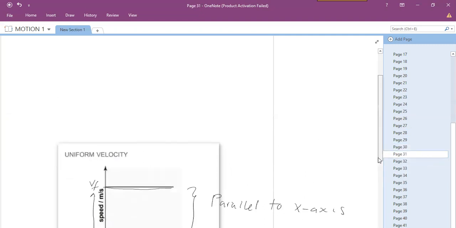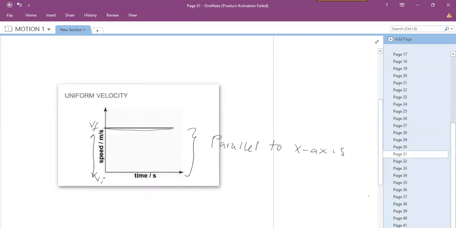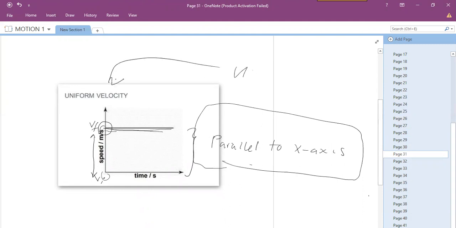But here there is a value, an initial velocity and a final velocity, and we have a line that is parallel to the x-axis. If you see a line that is parallel to the x-axis, there is uniform velocity. So a line that's on the x-axis means zero motion. A line that is parallel to the x-axis means there is uniform velocity.